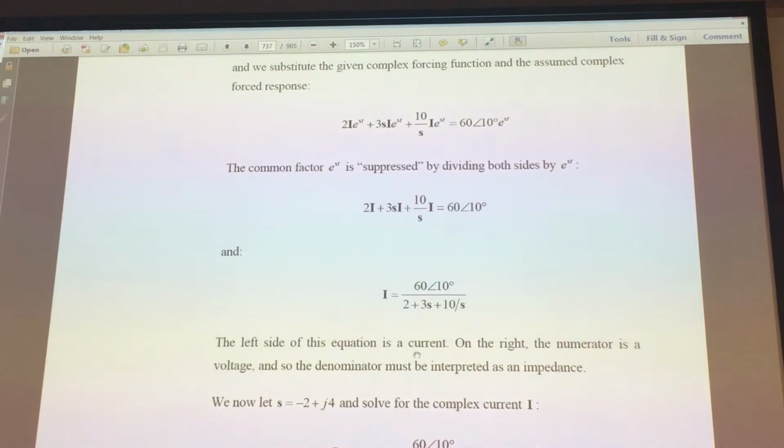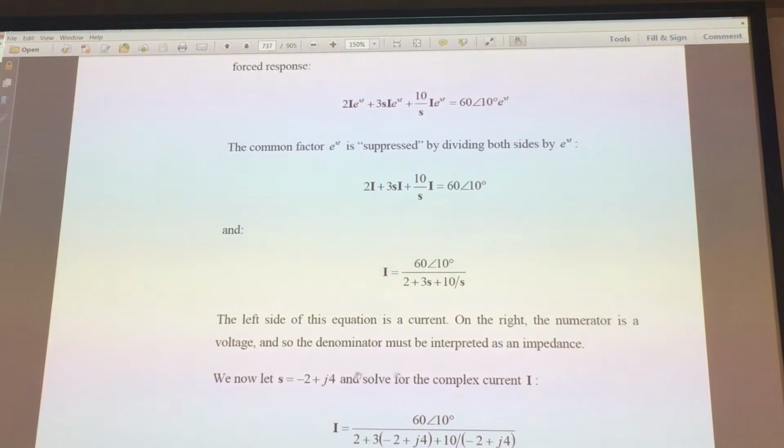So how do we solve it? Well, we know s. s now is a complex number. Previously we used j omega only, because we didn't have exponential factors. We didn't say that then, but now we introduce an extra function into it.